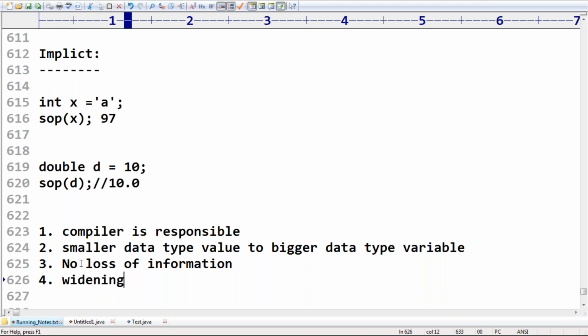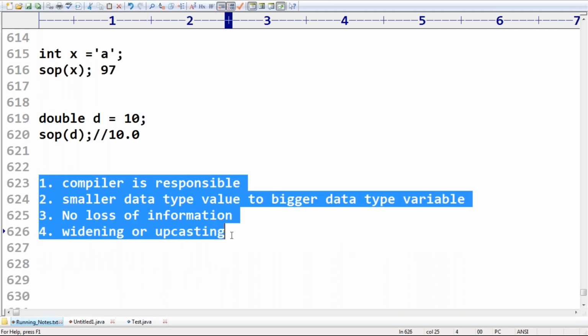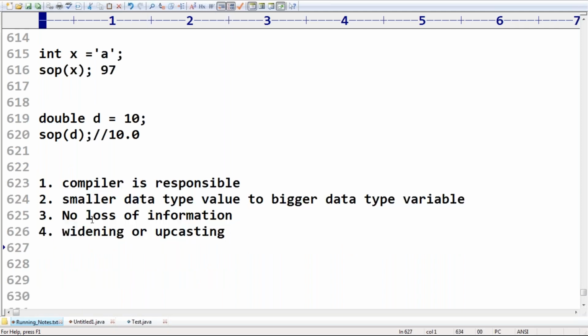Widening means small to bigger, a small value in a bigger place. This is also known as promotion, widening or upcasting, or automatic promotion. Not narrowing.